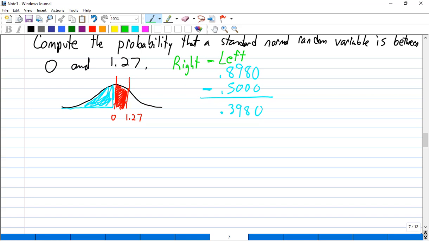So let me write down this problem. Let's use a different value. Your PowerPoint uses a different value. It says determine the probability. Anytime you see probability with these, that's area.